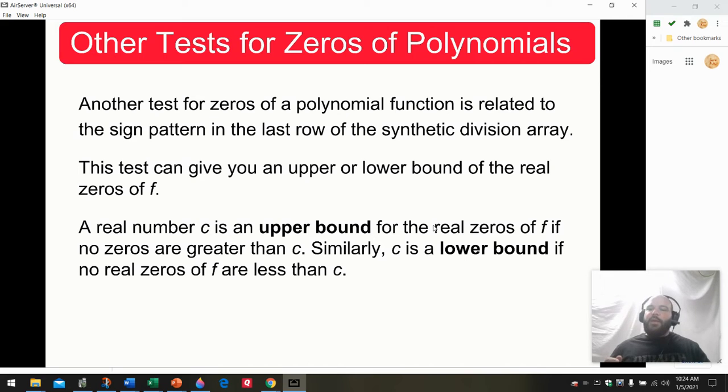So what we want to do is when you actually try a number and you do synthetic division, the last row of numbers that you get down at the bottom, depending on the pattern of the signs there, that can tell you whether that number is the maximum number or the minimum number that could work.